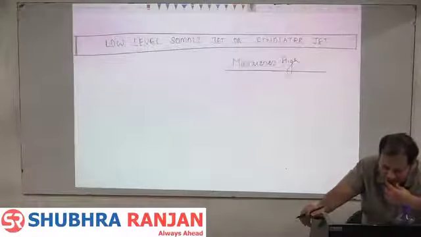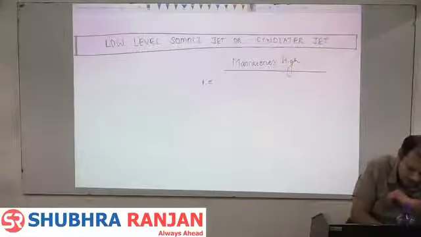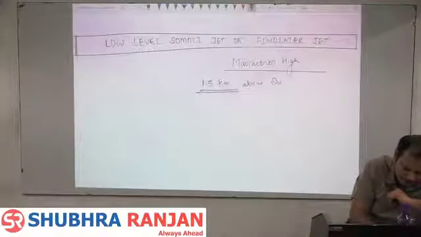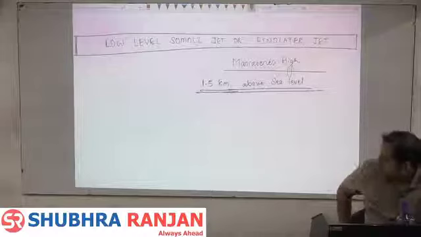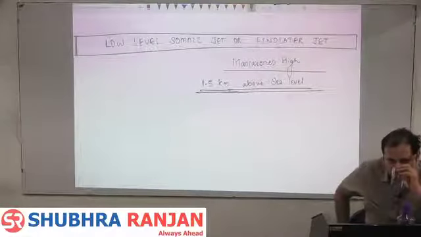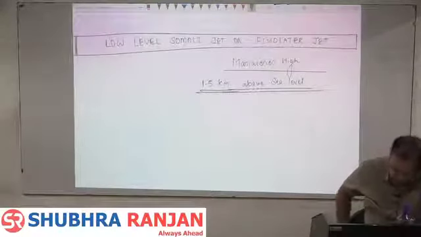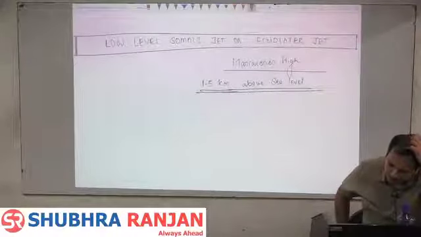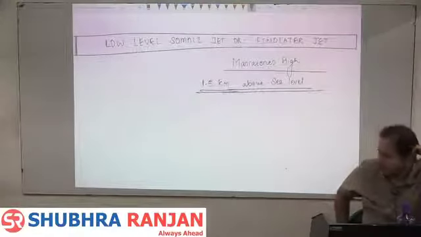This low level jet stream, comma, 1.5 kilometers above the sea level, in a narrow band along the eastern coast of Africa, is known as the Somali jet.